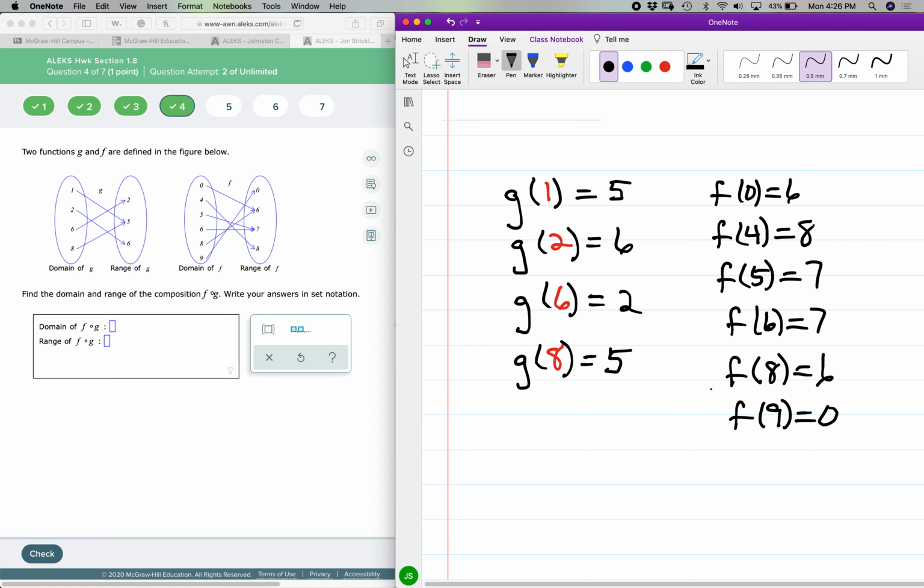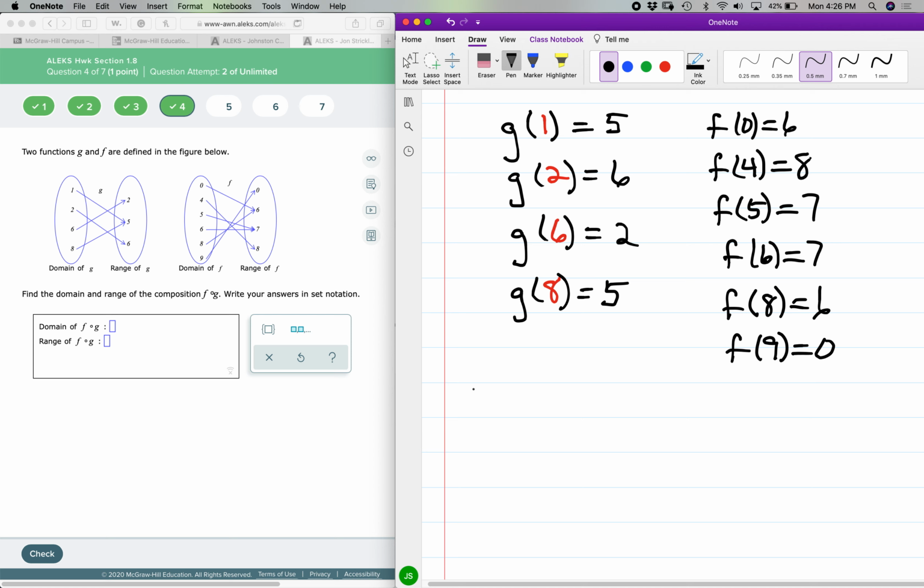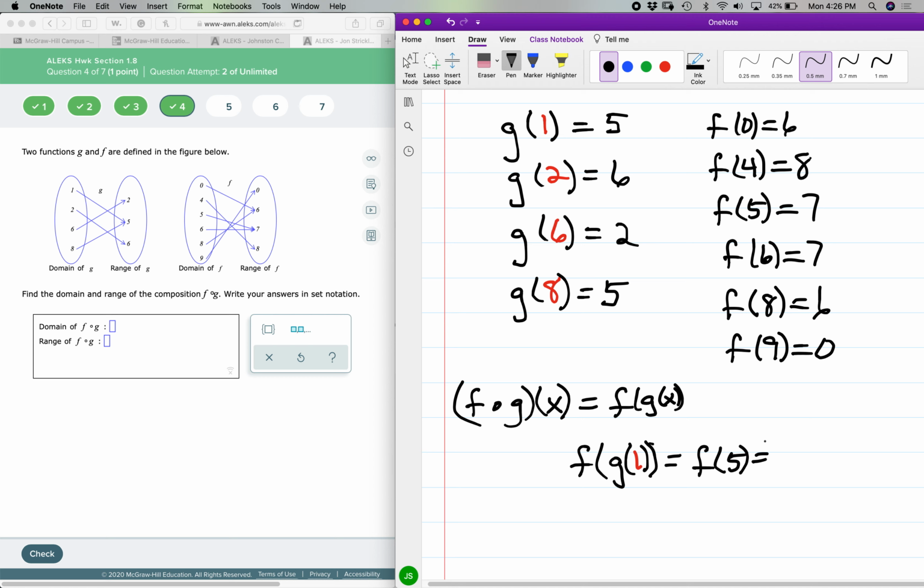So for F composed with G of x, we're looking at F of G of x. So we have F of G of 1, and G of 1 is equal to 5. Guess what? F of 5 is going to be equal to 7.